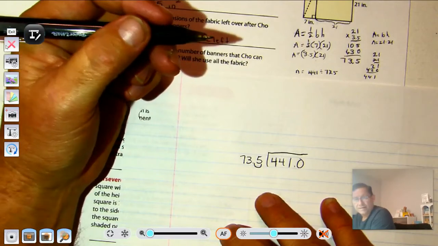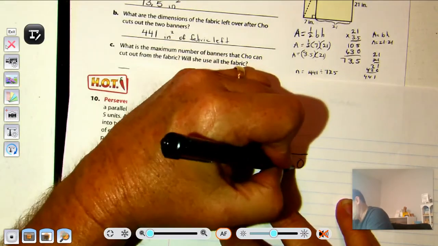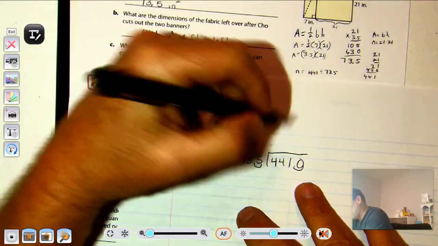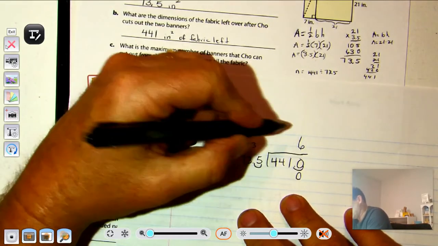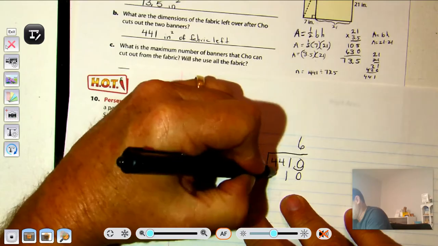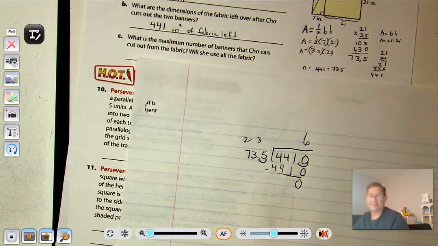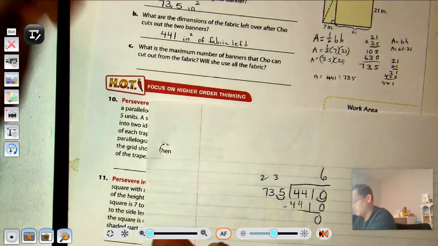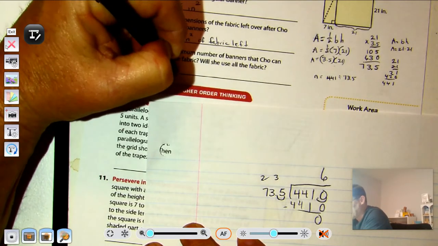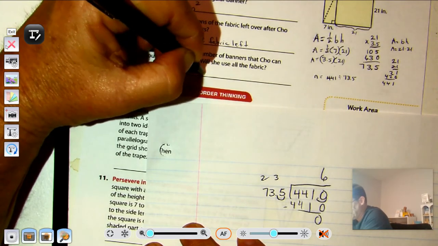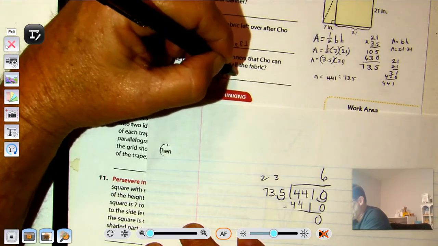So let's multiply by 10 to move the decimal point. So let's try 6. Okay, so we get 6. So 6 plus the 2 she already cut out, she can cut out 8 banners. And yes, she'll use all the fabric.